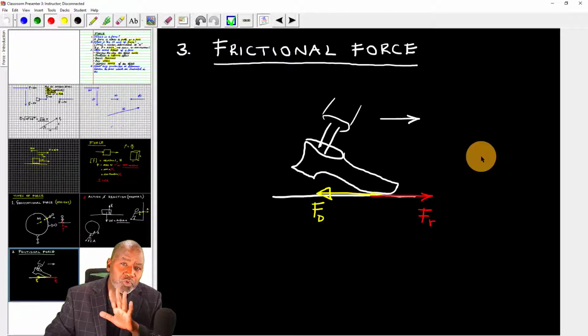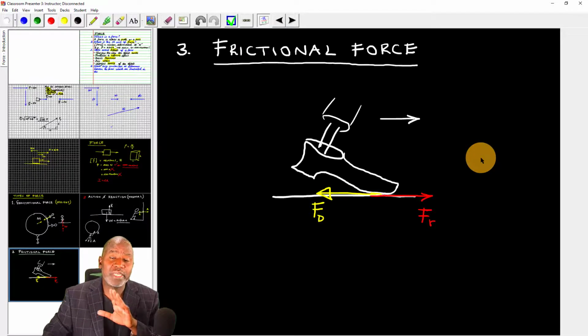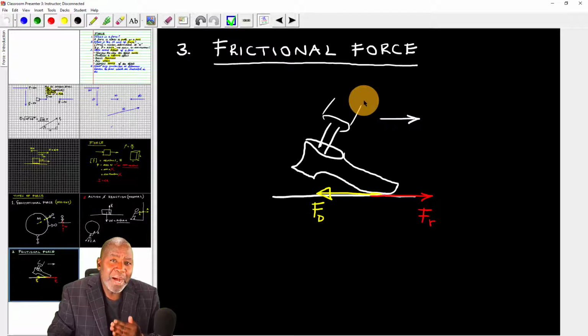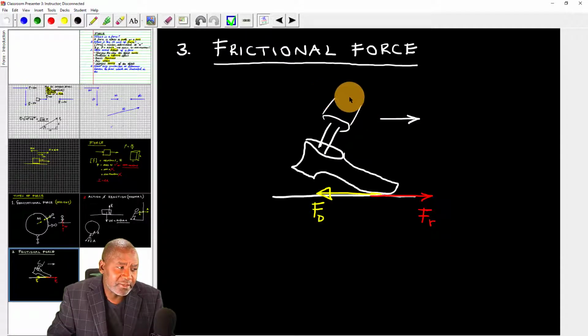The friction force which tends to slow you down, or tends to prevent you from moving, is the friction force exerted on you by the air. And we call it air resistance. So air resistance will definitely tend to slow you down, tend to oppose the direction in which you are moving.